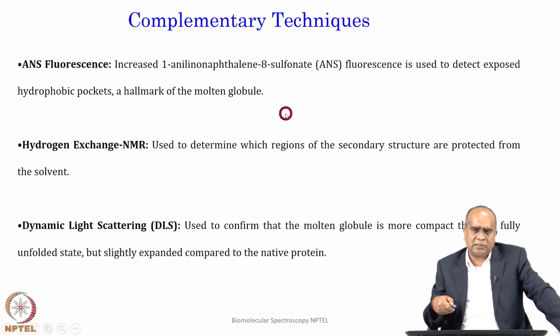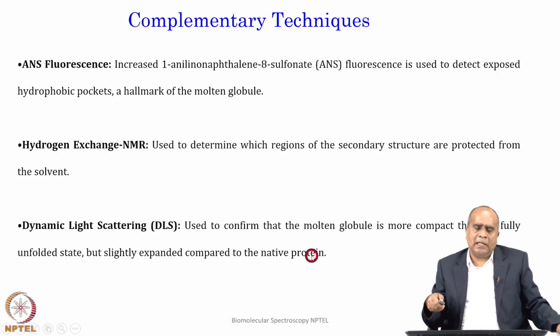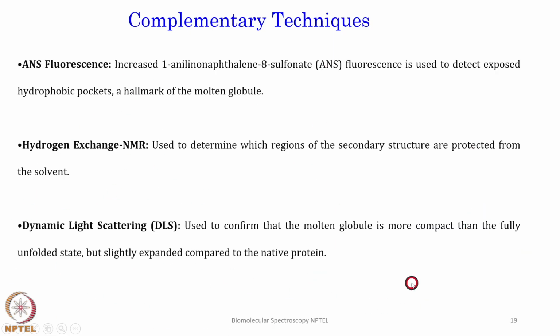If secondary structure is intact, many amide protons involved in secondary structure formation will remain unexchanged in the molten globule state, but because of the exposed hydrophobic area, some of these protons will be exposed. Another one: since the conformation has changed, DLS can be used for finding the molten globule state. It is a slightly swollen structure, so you can distinguish it from the native protein.